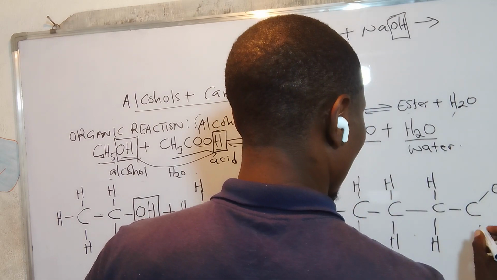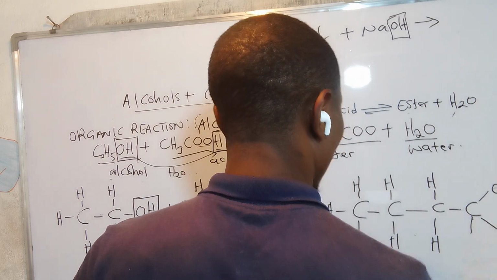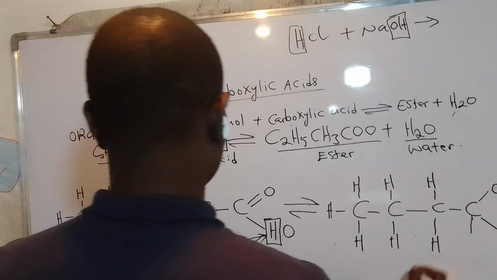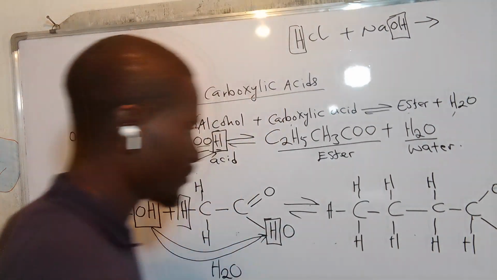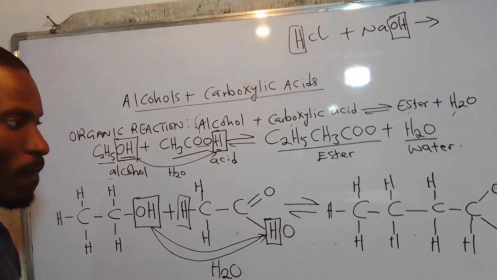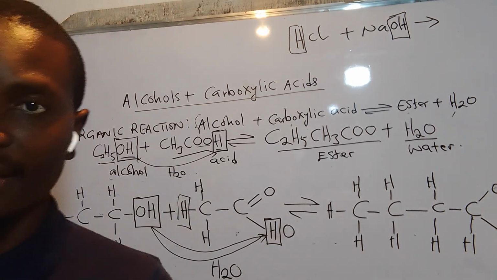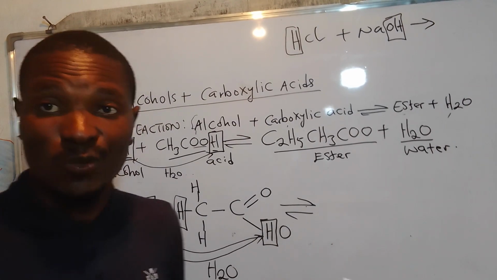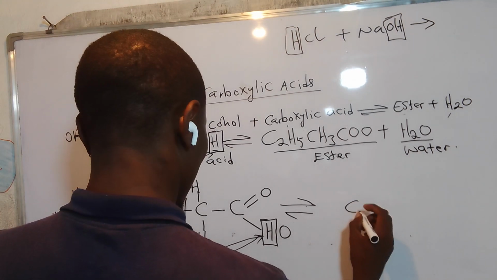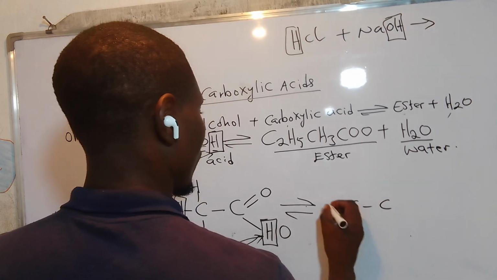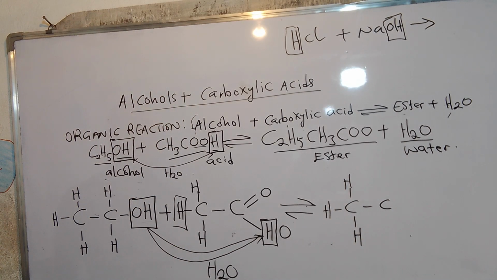So what I can do is just put the OH, then of course down there I can put the H, this H. So when you look at what has just happened, maybe the best way for you to do this, guys, is to start with this one. Start with this one.